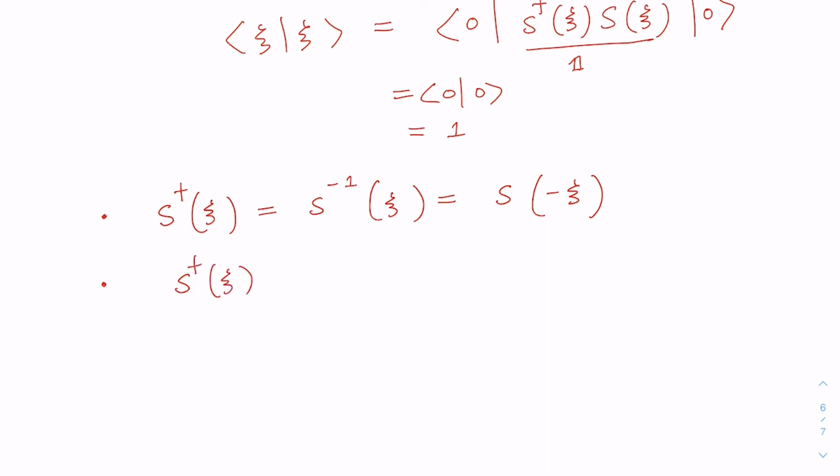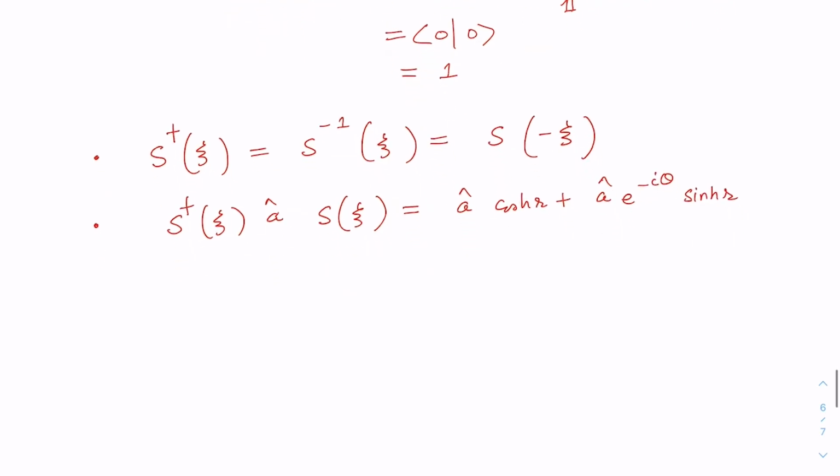You can show that S dagger xi a S xi gives a cosh r plus a dagger e to the power minus i theta sinh r.